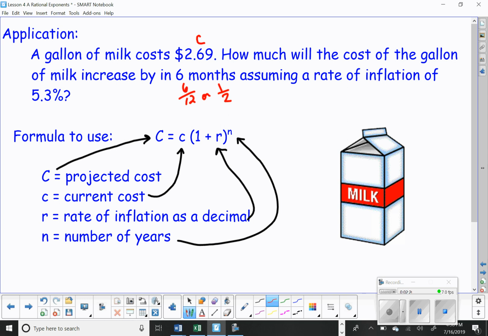Assuming a rate of inflation of 5.3%, as a decimal, remember that you have to move the decimal place 2 places. So this is 0.053, and that's our R. What we don't know is the projected cost. Go ahead and answer this question. Pause the video, plug everything in, and answer the question.